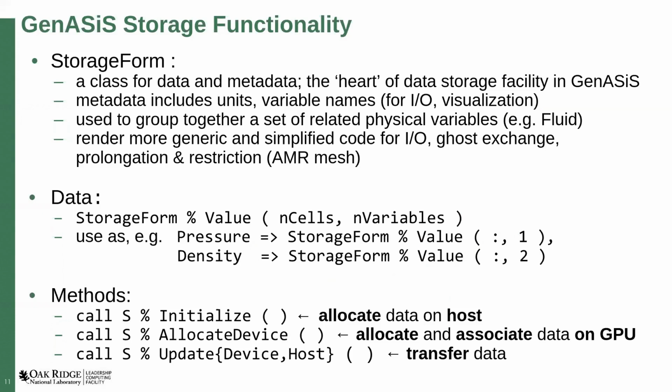This is basically to allocate and associate data on GPU, and also we have a method to update device or update host, and this deals with transferring data to and from GPU.